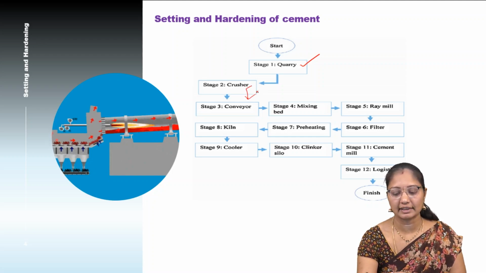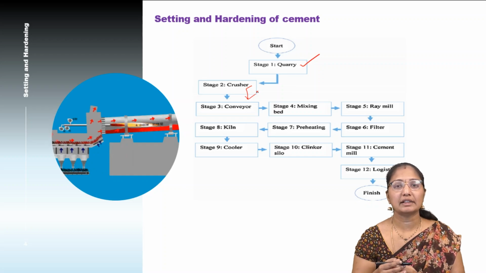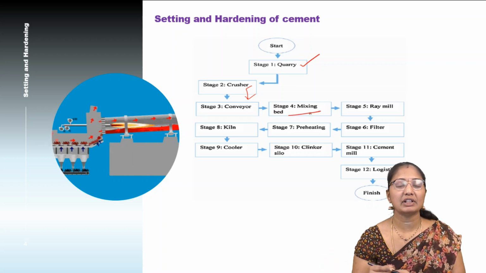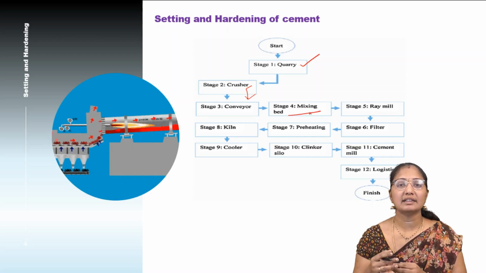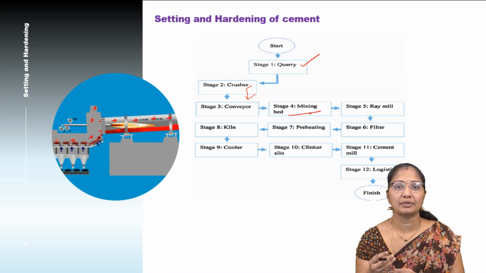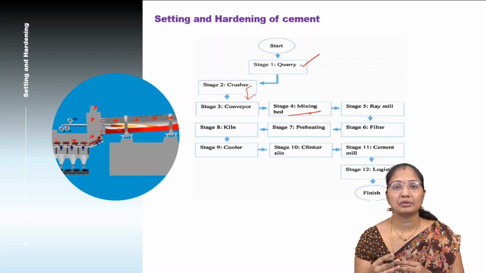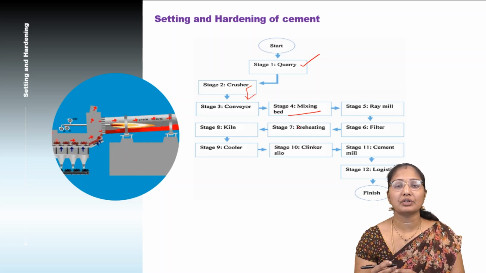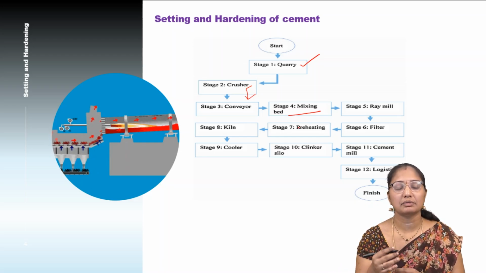Through the conveyor belt, it enters the cement manufacturing unit, where the mixing happens, because cement is generally a mixture of calcium aluminates or calcium silicates with some amount of iron ores. According to the need or the application, this is mixed with gypsum.